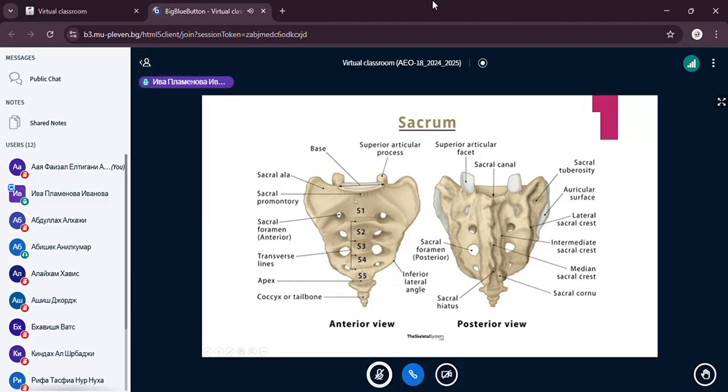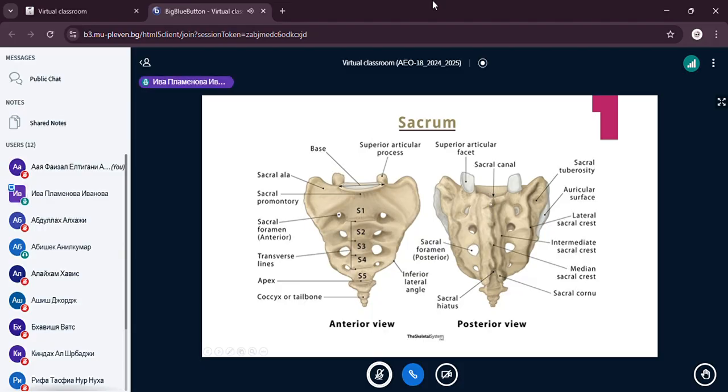So, for the pelvic surface, you have to know the anterior sacral foramina and the transverse lines, the ala of the sacrum, left and right, the base of the sacrum, and the apex. For the posterior surface, we have 3 vertical lines. One just in the middle, and another 2.